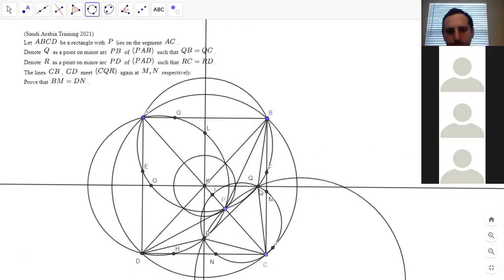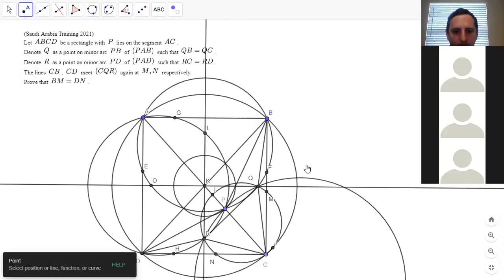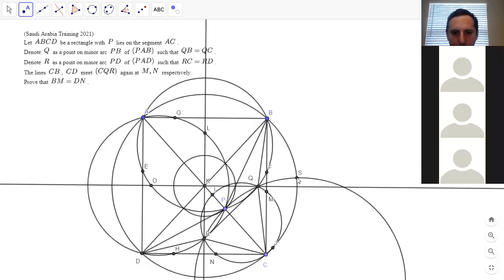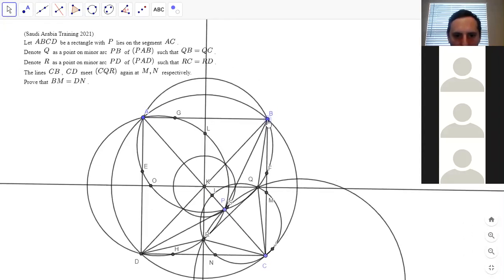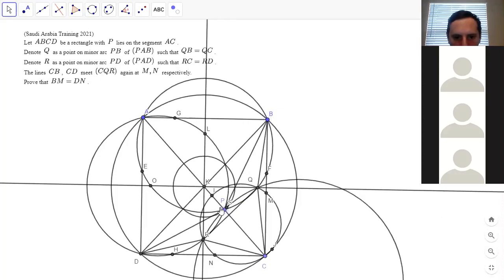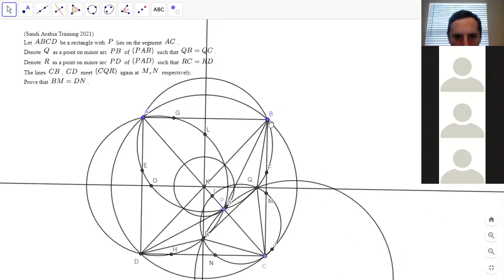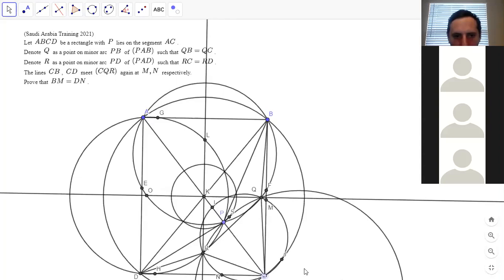Could you let the two circles cut at another point except P? Not that circle, the circle with center K. The circle with center K cuts the circle QPR. Oh, it's hard to see. Let's move C. There we go.